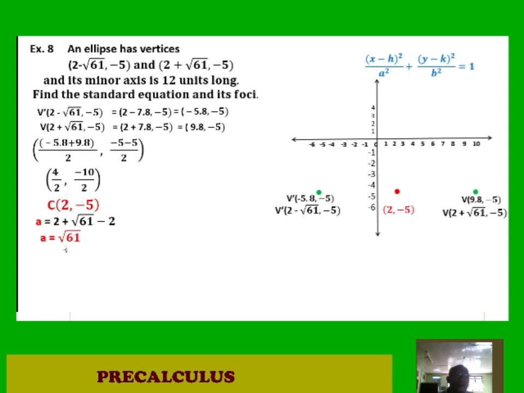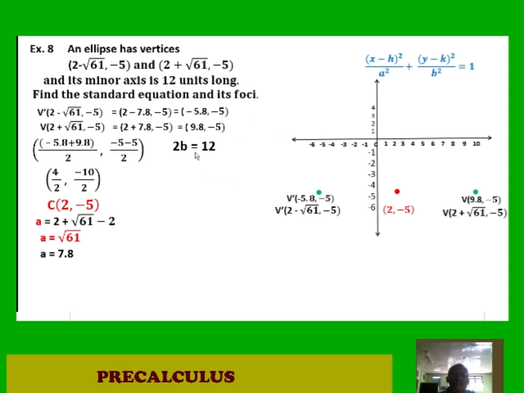Simplify. So a is equal to square root of 61, or in decimal 7.8. Next, we're going to determine, according to the problem, its minor axis is 12 units long.